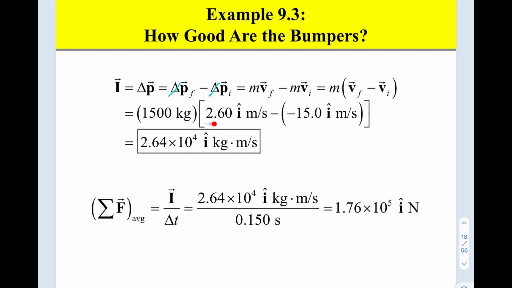Whenever you substitute the v, remember this is a vector, because impulse is also a vector and momentum is also a vector. So the negative sign you have to bring along. It has meaning: our impulse could be positive or negative, showing the direction. So we have positive 2.64 times 10 to the power of 4 i kg m/s, which is equivalent to Newton second.